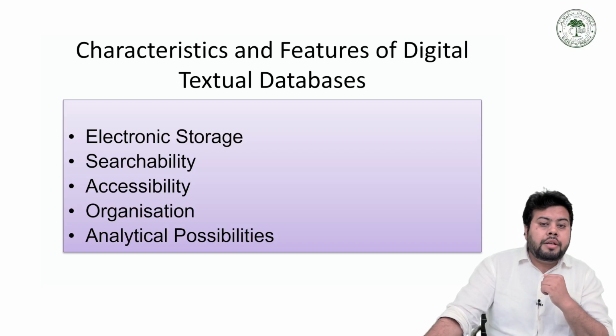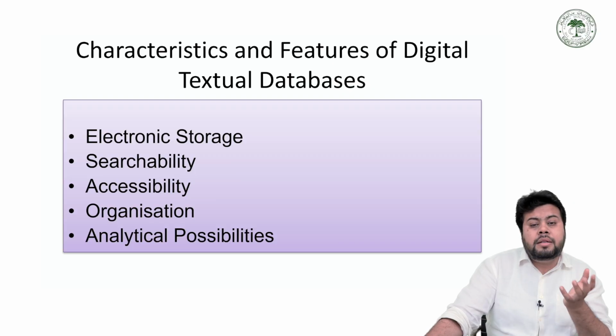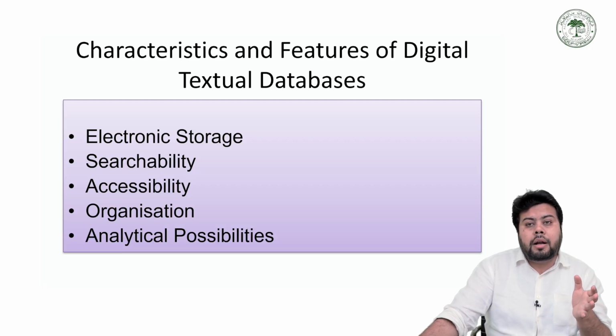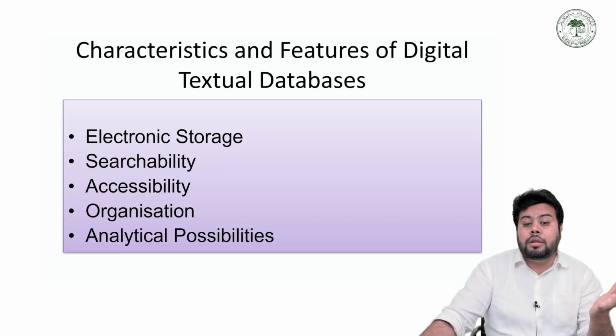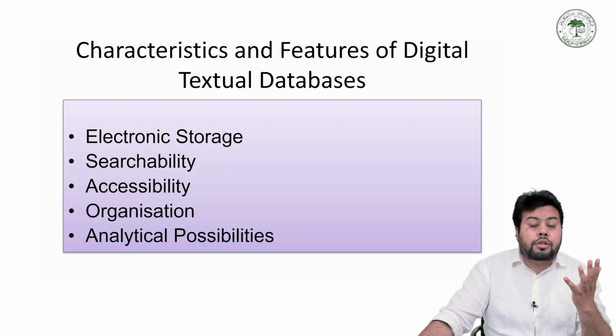Then, of course, organization is another characteristic of a digital textual database. The files and the texts that are there are organized in a very particular, systematic manner. You can simply search them through the author's name, publication year, title, subject, genre, keywords, language, or historical period.